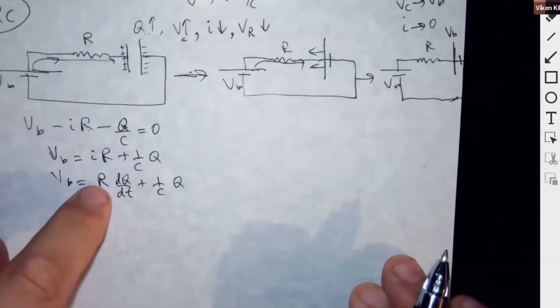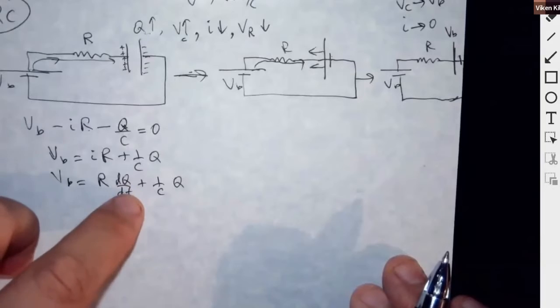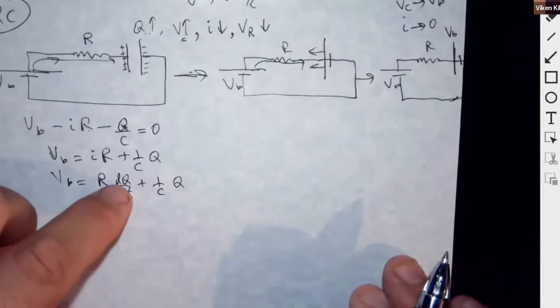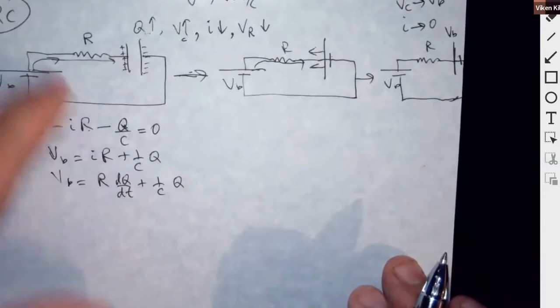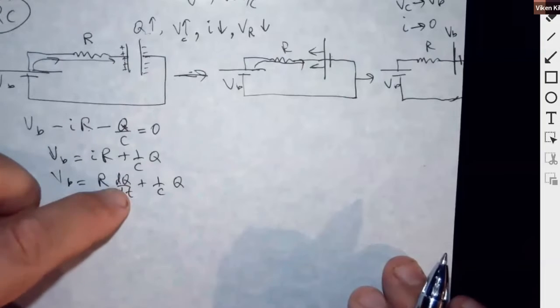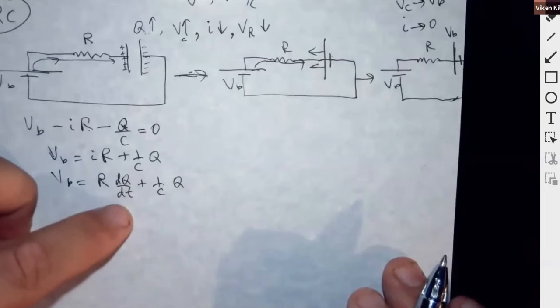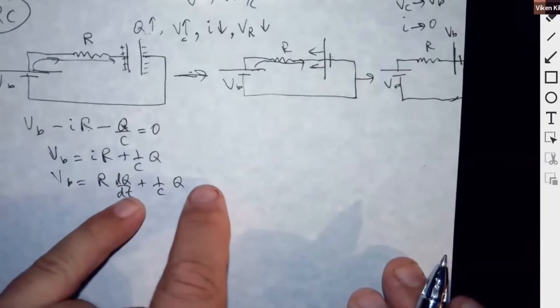So basically you have the resistance times the rate of flow of the charge. It's the rate of flow of the charge. So I is dQ/dt, and then 1 over C, and then Q. So you have a differential equation here.